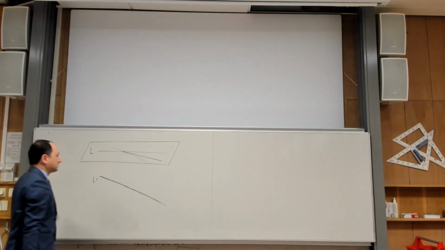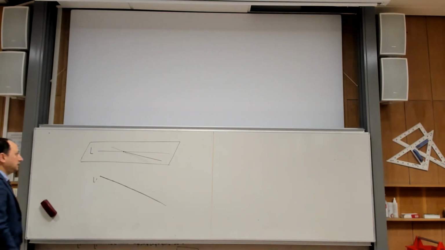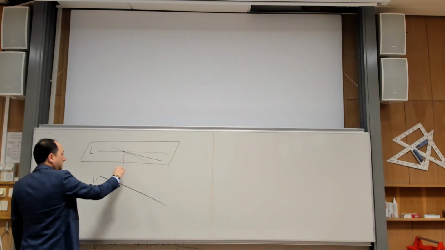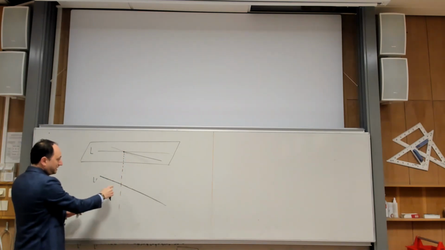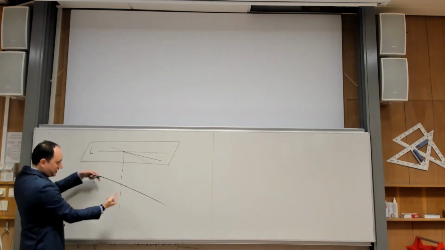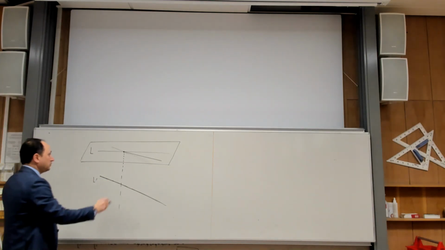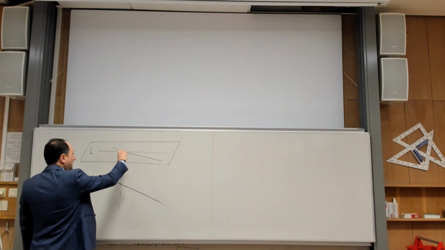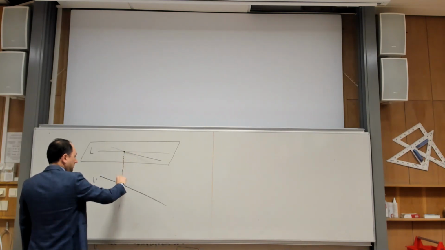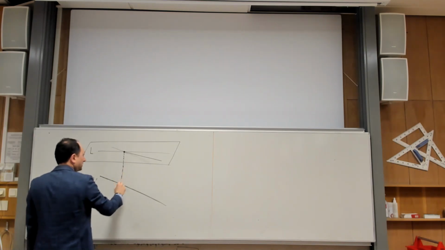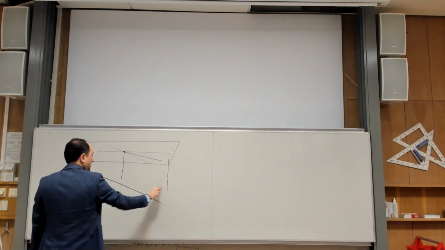And then I take this one and draw a perpendicular line. But of course, there is no guarantee that they are intersecting. Maybe they are passing through each other without intersecting. Then what I can do, I can take this line and that line. This will make a plane for me.